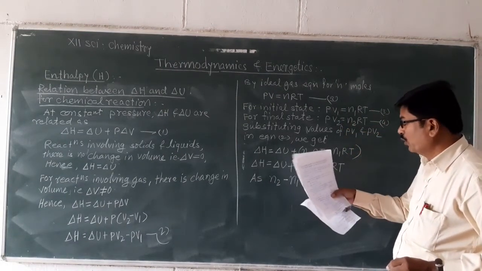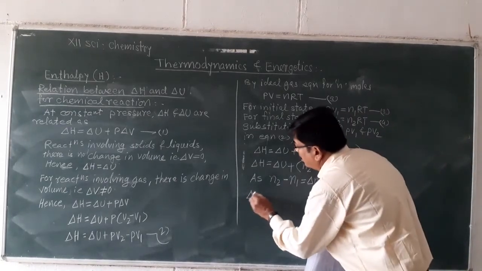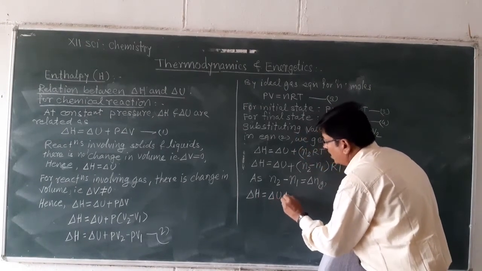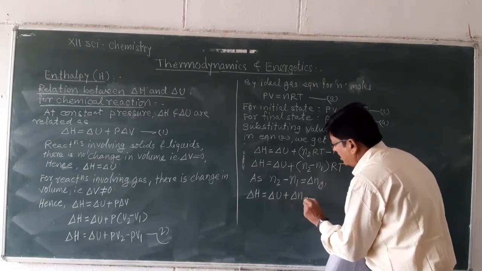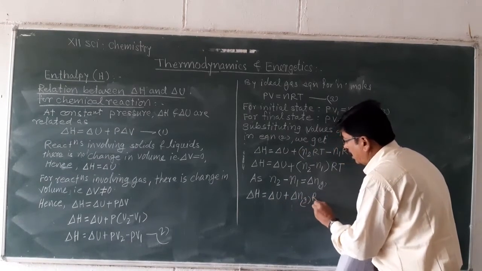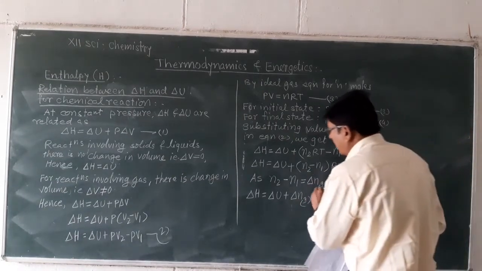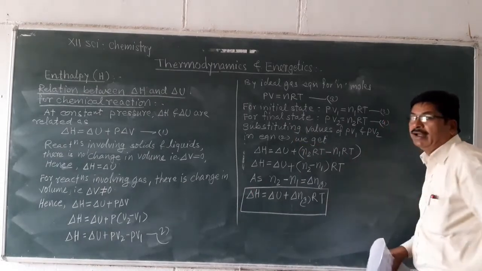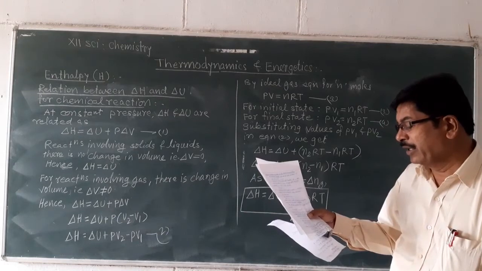If you substitute this value here, you have delta H is equal to delta U plus delta Ng RT. This is the mathematical equation which shows the relationship between delta H and delta U for a chemical reaction.